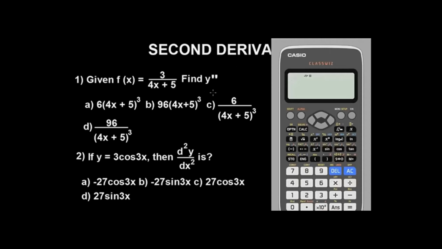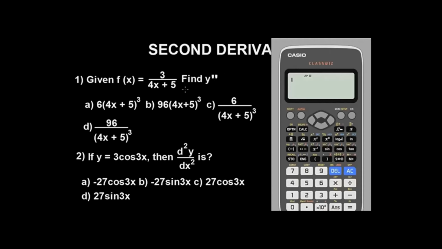The person chose to use y double prime. These two strokes on top of this y signify prime, double prime. So it's either the examiner is using prime, or d2y over dx2, or second derivative, as the case may be. What I'm trying to say is that y double prime, d2y over dx2, and second derivative totally mean the same thing. So don't be confused with these symbols or this language. Very, very simple, guys. I hope you have understood that.